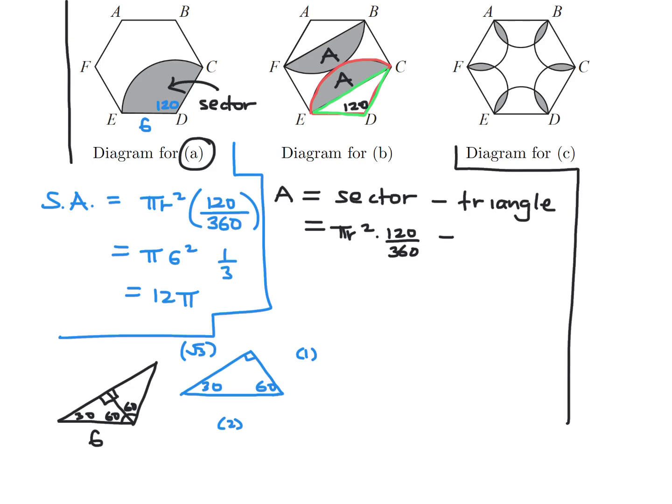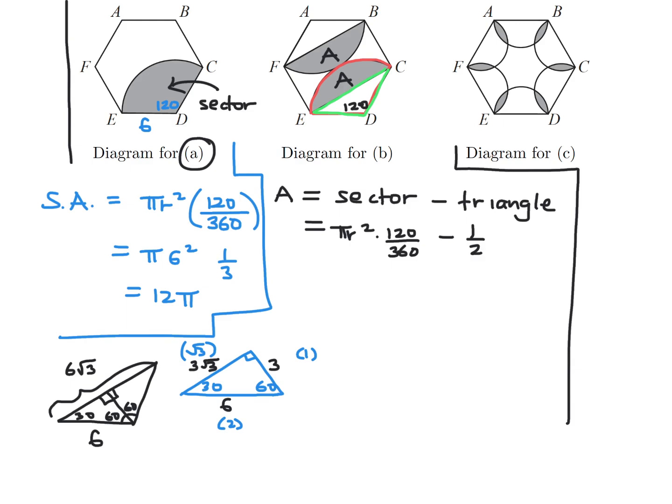So since this side was 6, we can get the other two sides. That means this side is 3, and this side is 3 root 3. So that means the whole side there would be 6 root 3. Okay, that's pretty good.